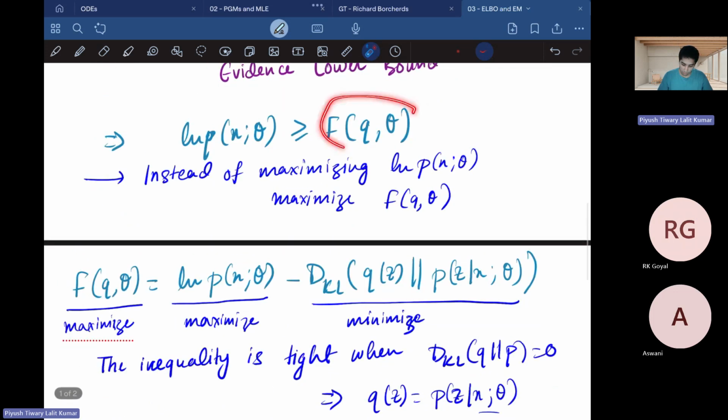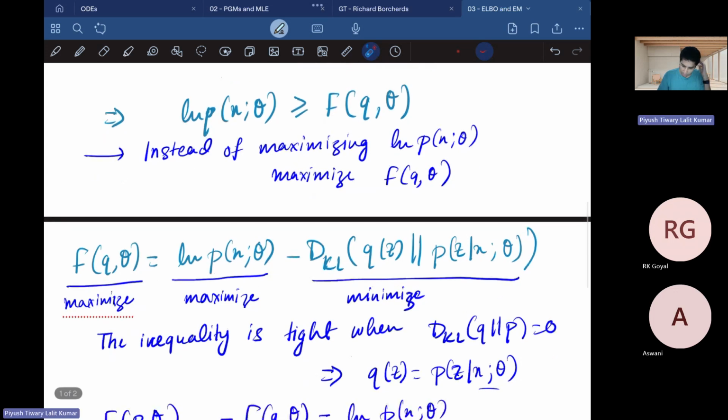But the ELBO now depends on two things. One is the variational distribution Q and another is the parameter theta. And we want to maximize this. And we'll see that maximizing this will actually lead to maximizing the log likelihood as well. But we'll talk about it later. So there are two aspects to this: one is the variational distribution and one is the parameter theta.